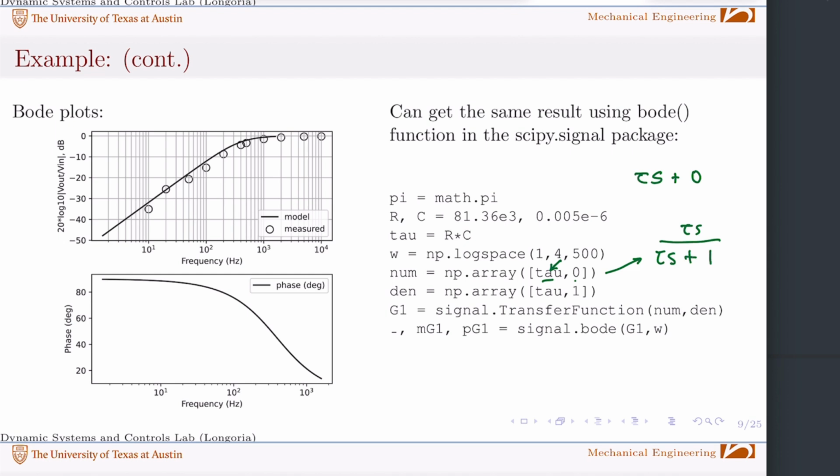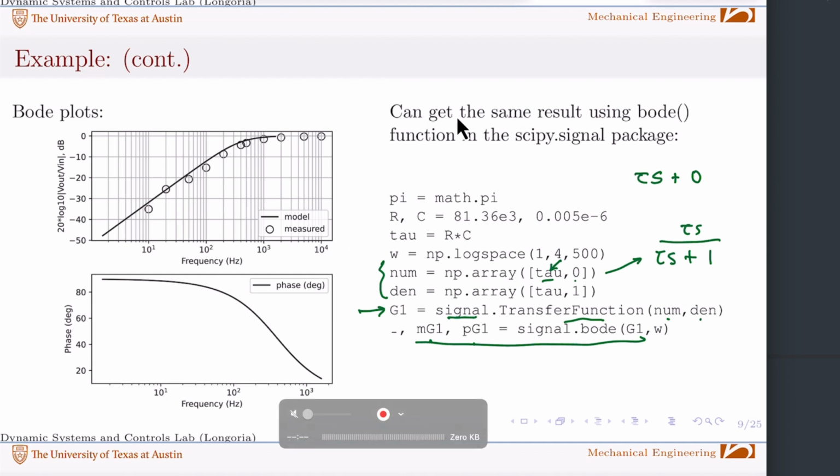So you can create your transfer function, numerator, denominator, and then you just pass it to this definition for a transfer function, num den, and then you just ask it, hey, signal.bode, give me the magnitude and phase, and then you can plot those. There are a lot of examples online for how to use that, and that's really, practically speaking, how most people do it if you have these linear models in transfer function form.